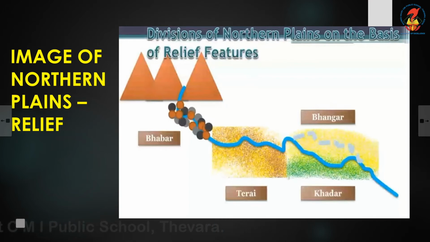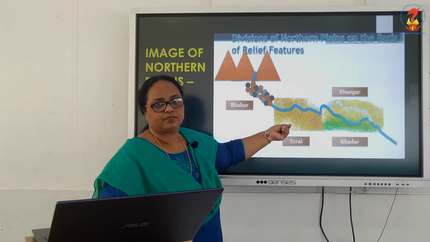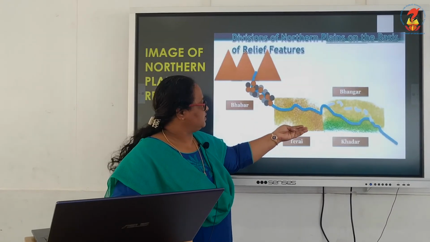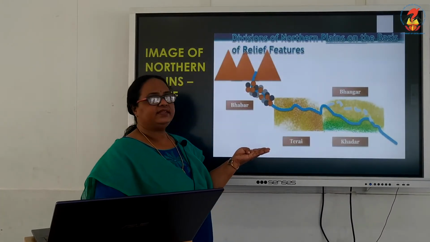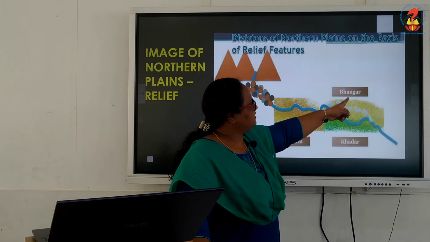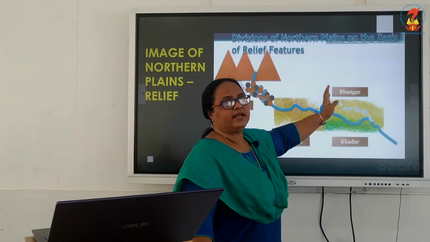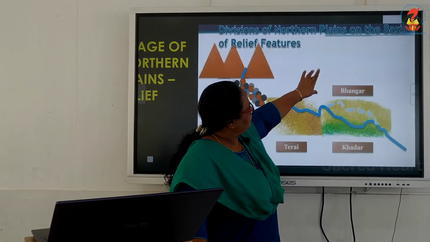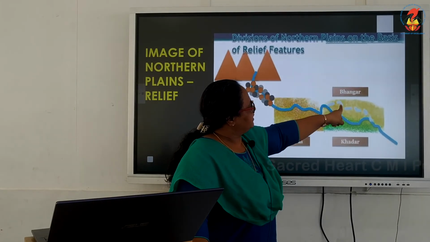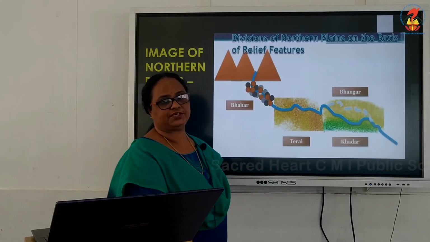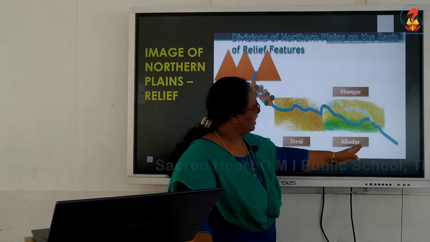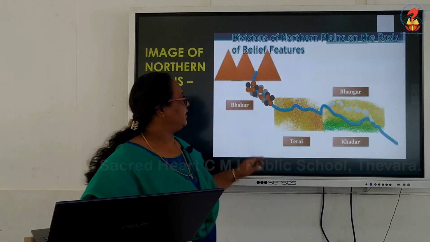Then from the Bhabar region, when it comes to the Terai region, the boulders become small as it is flowing towards this region. Then the next is the Banjar, which is the largest area, which has a terrace formation. Then we have the last one, that is the Khadar.